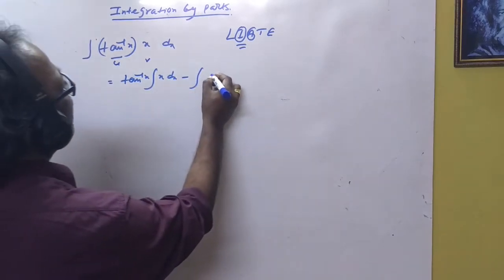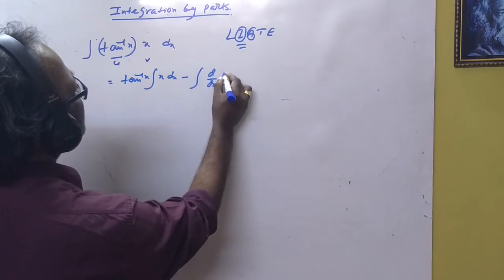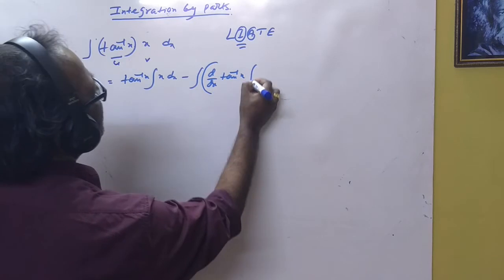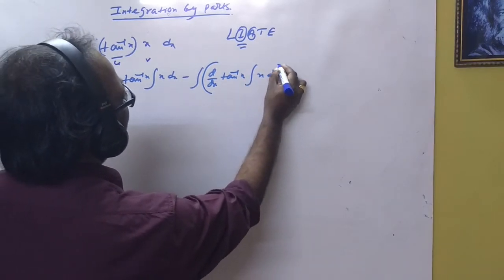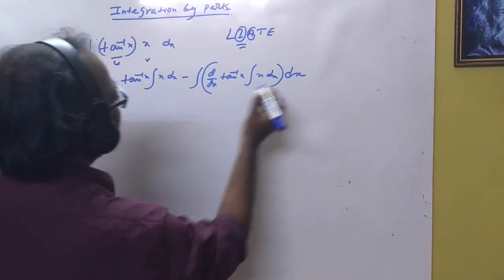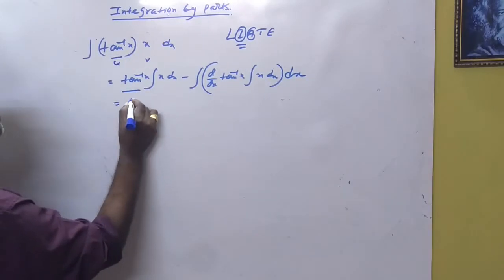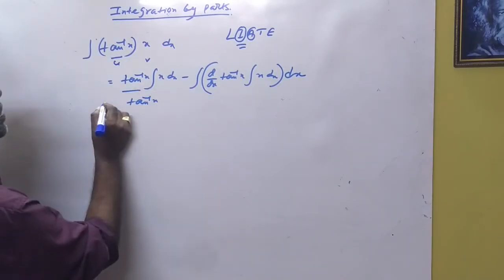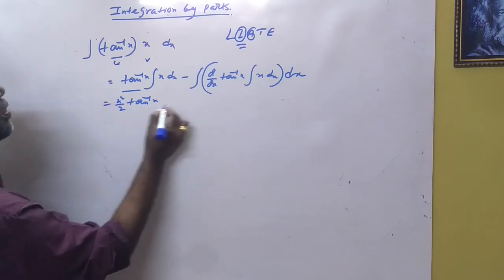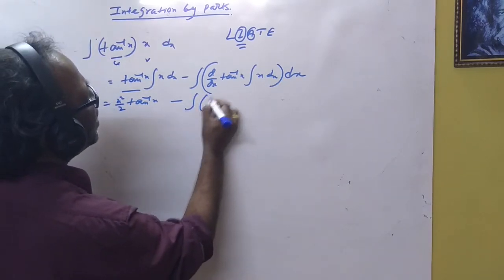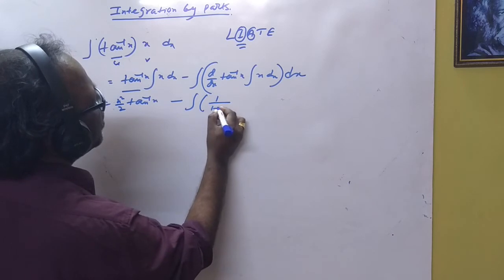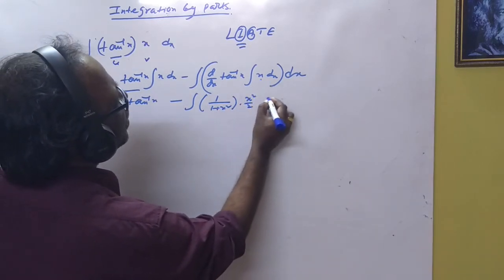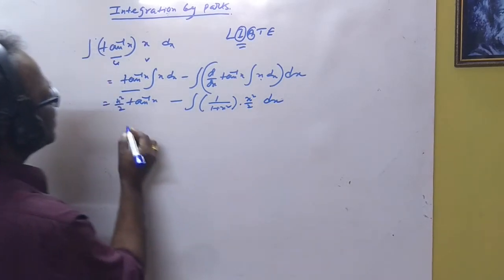Differentiation of tan inverse x and integration of x dx, bracket close, dx here, and tan inverse x here, and the integration of x here is x square by 2, minus the integration of the derivative of tan inverse x, that is 1 by 1 plus x square, and now x square by 2 bracket close, that is dx.